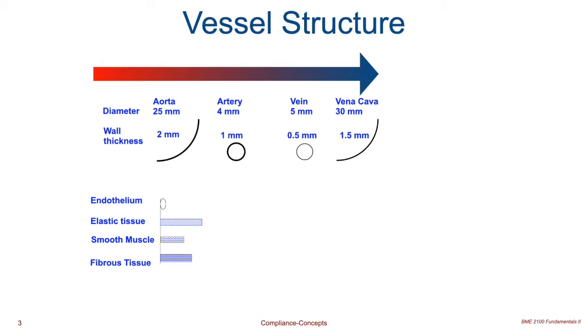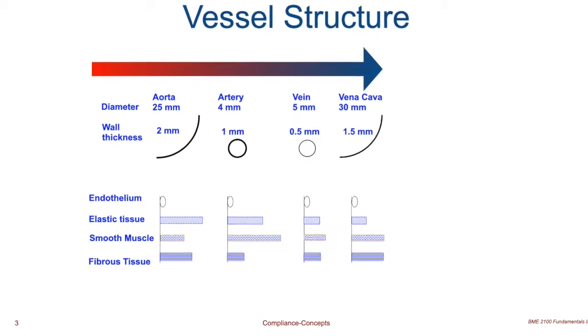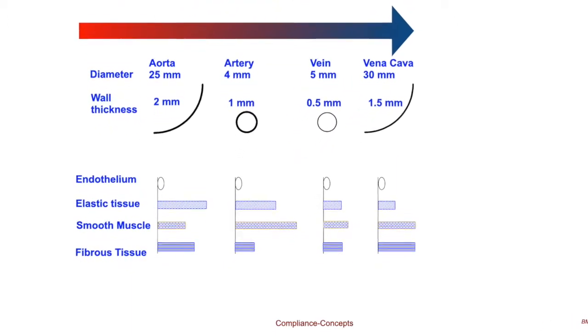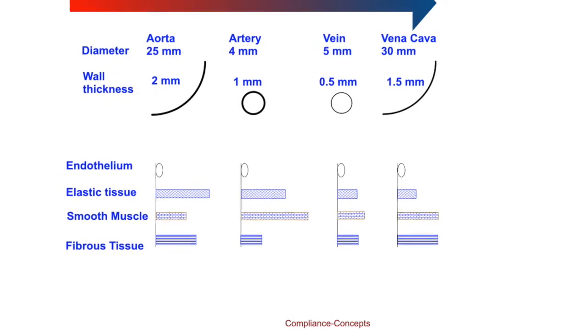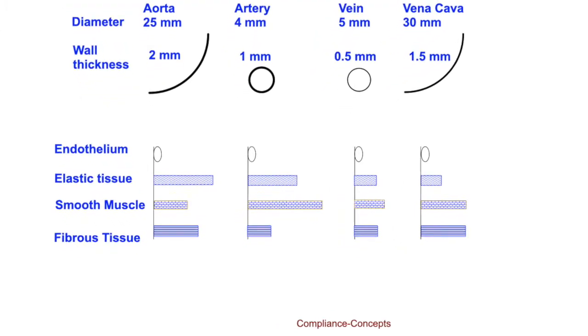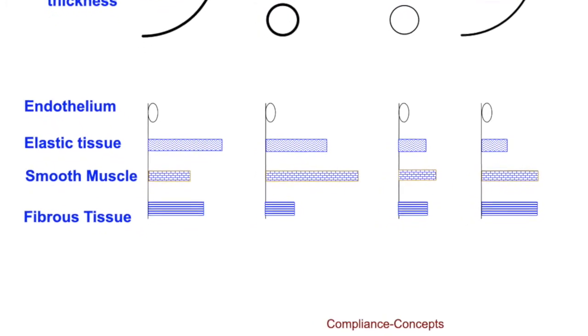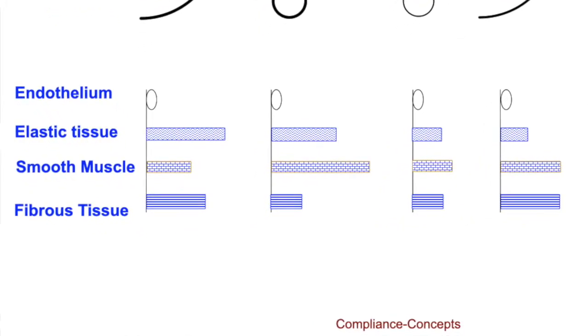So the endothelium, the basic innermost layer, exists in all the vessel walls. And as we move from aorta to artery to vein to the vena cava, the relatively larger vessels, we see a different balance between the elastic tissue, the smooth muscle tissue, and the fibrous tissue. The fibrous tissue will make things stiff. The elastic tissue will make them elastic, of course, as you understand.